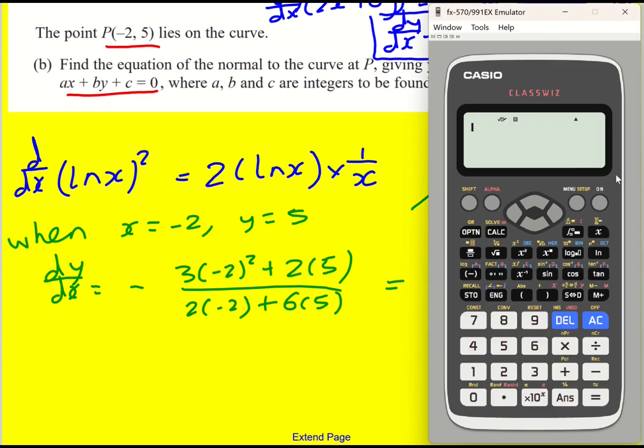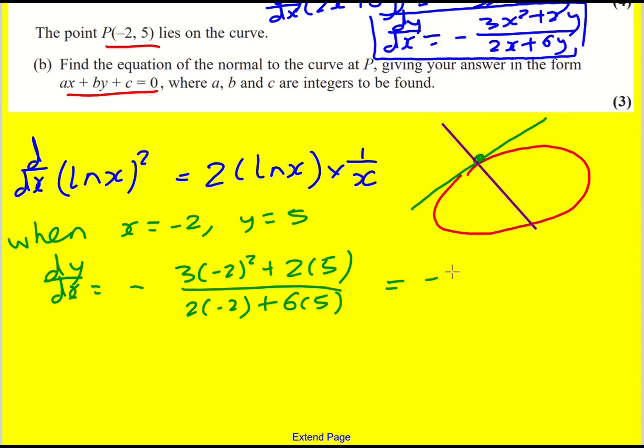Okay, and just very carefully work this out. It's going to be 3 times, I forgot the minus. 3 times minus 2 squared, that's 3 times 4, plus 10 over minus 4. If you want to put all the brackets in, you can. It just takes a little bit of time when I'm doing it on the screen. And we get minus 11 over 13. So that's the gradient at the point and the gradient of the tangent.